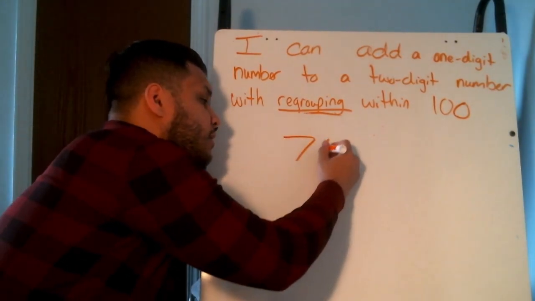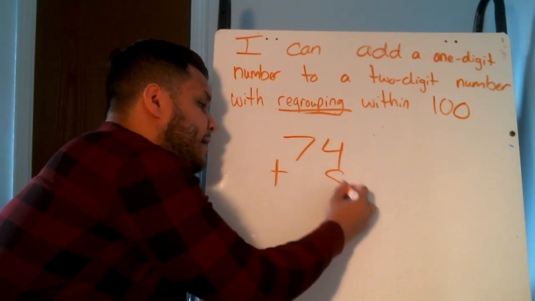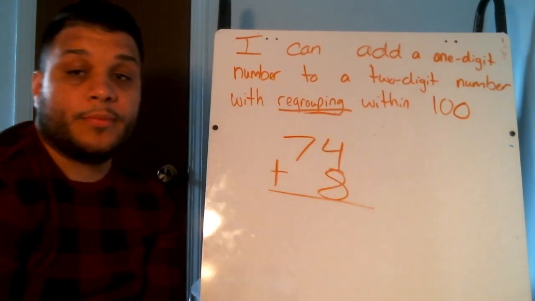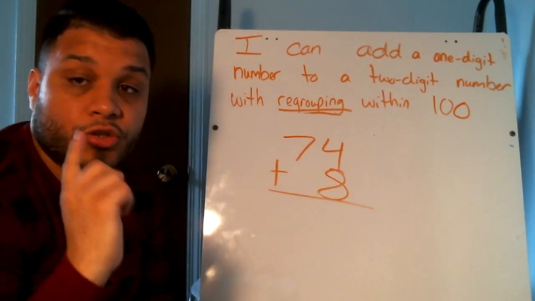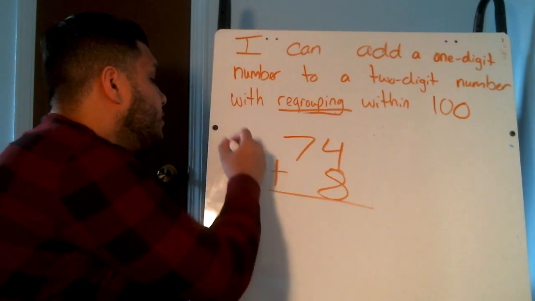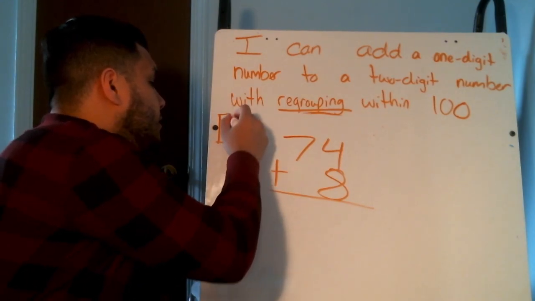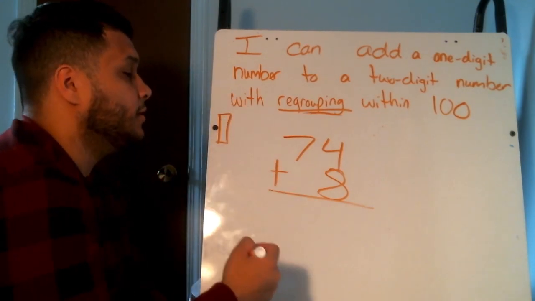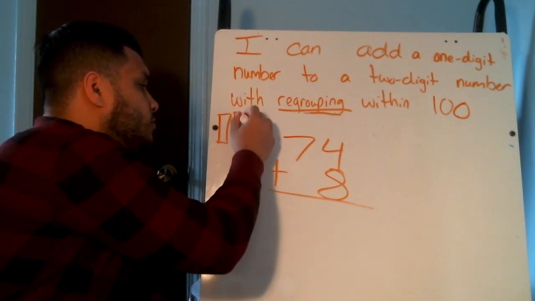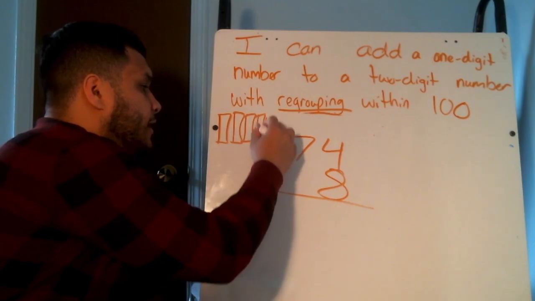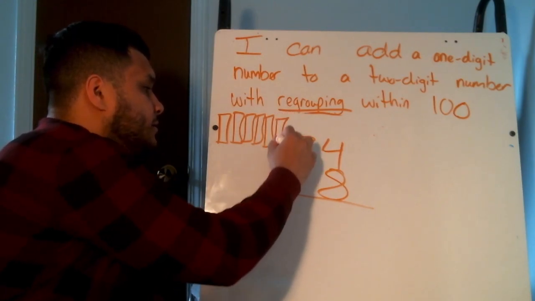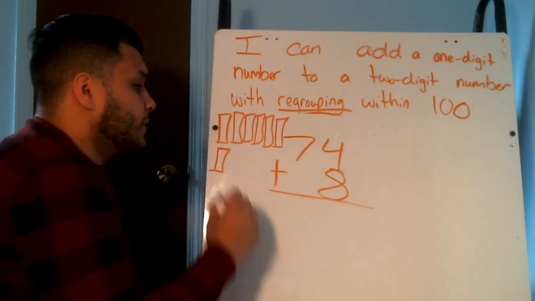We have 74 plus 8. Walk me through it. Step number 1 is to, yes, draw a picture. Go ahead and draw it. How many tens does 74 have? 7. 1, 2, 3, 4, 5, 6, 7.